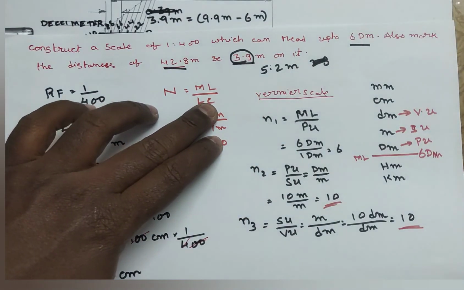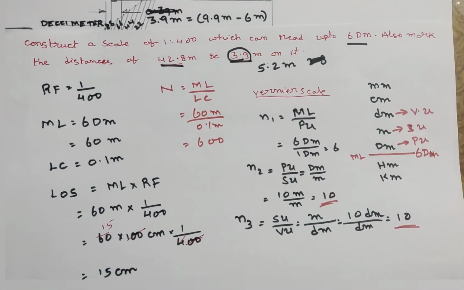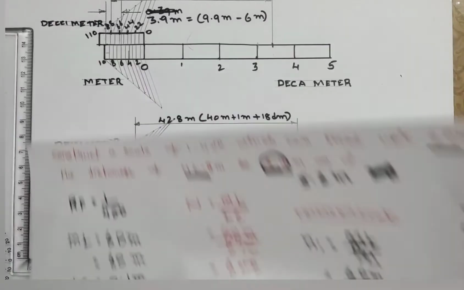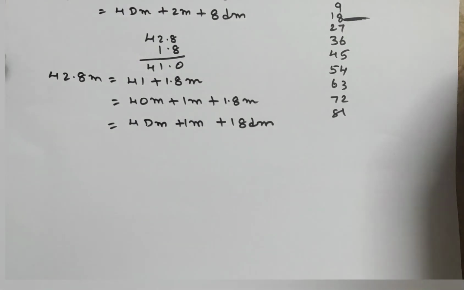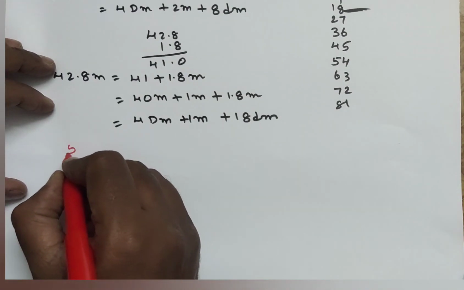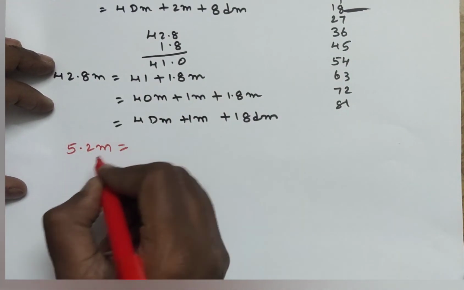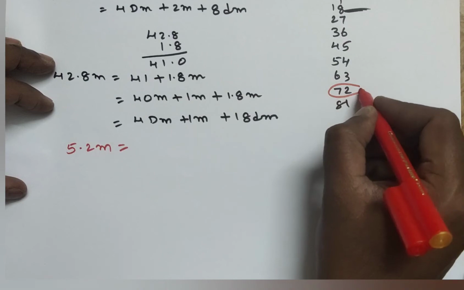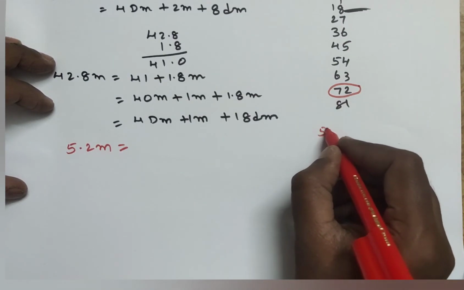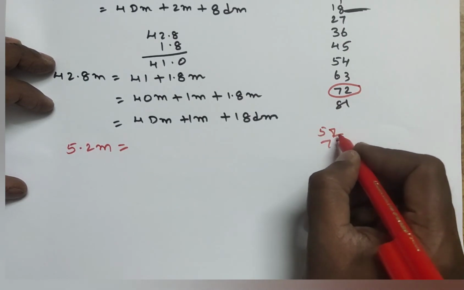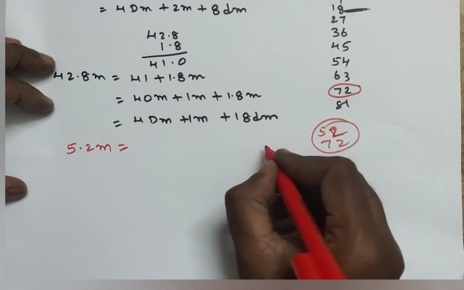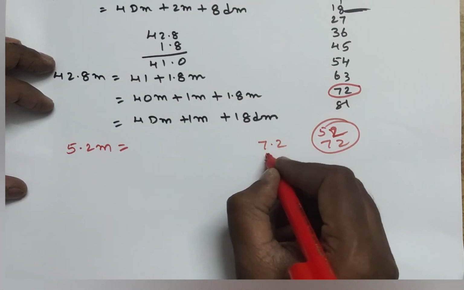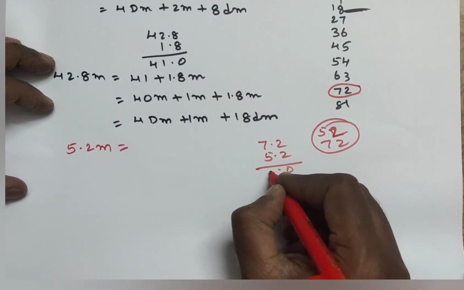How to mark 5.2 meters? Just we'll check it out in the calculation. The last digit 2 is present in 72, but 52 minus 72 is not at all possible. Therefore I have to do 7.2 minus 5.2, that is equal to 2.